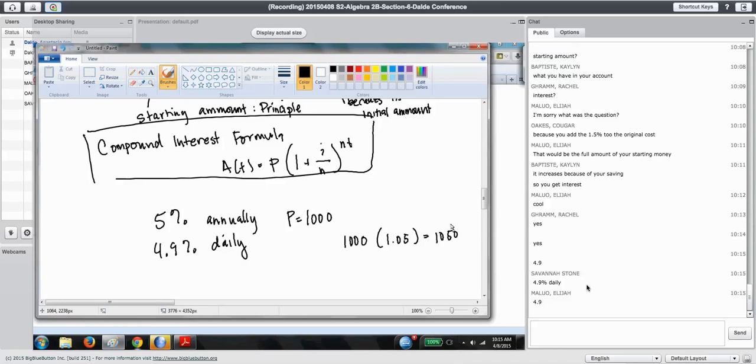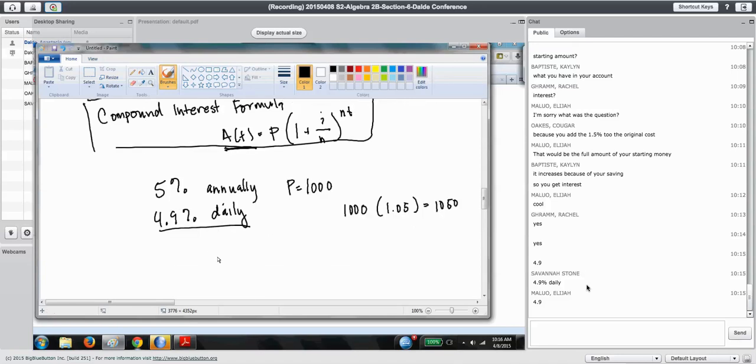Now, if we wanted to figure out what is my total amount if I did it daily? Well, my A of t is equal to my P, which is the principal, times 1 plus, how much interest am I accruing? Well, I'm accruing 4.9% daily.